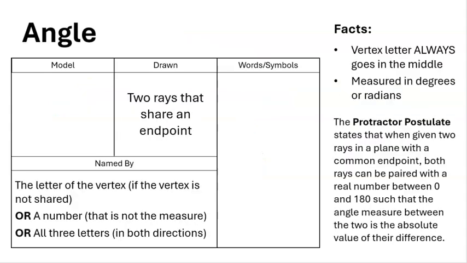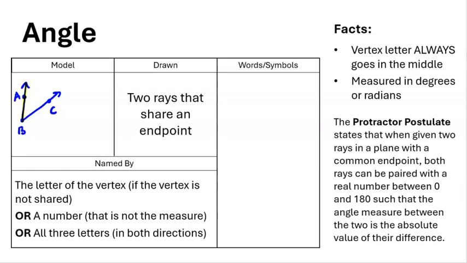Although we're not covering angles as much in this particular part of geometry, we're going to go ahead and recap on how we name them and draw them. So let's say we have this angle right here, and we're going to label this A, B, and C. So it's drawn using 2 rays.